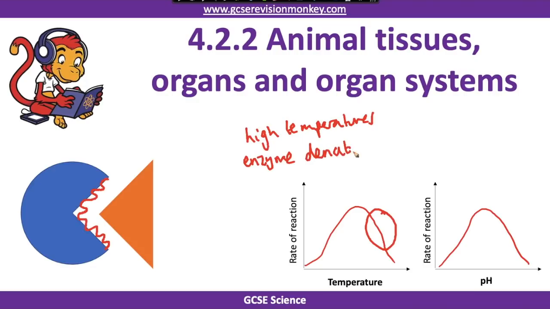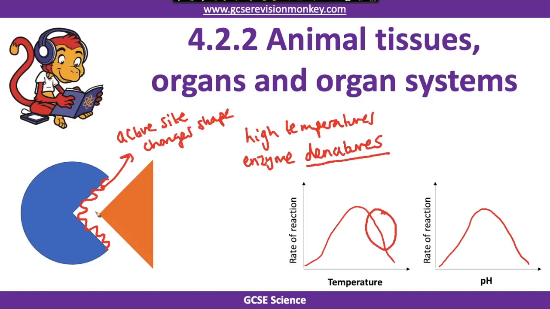We don't say that it is killed or it dies, because it's not living, it's just a protein. So we have to say the enzyme denatures, and what that means is the active site changes shape and the substrate will no longer bind, because it has to be like a lock and key, a very specific shape. If the temperature gets too high, the enzyme denatures and the active site changes shape.